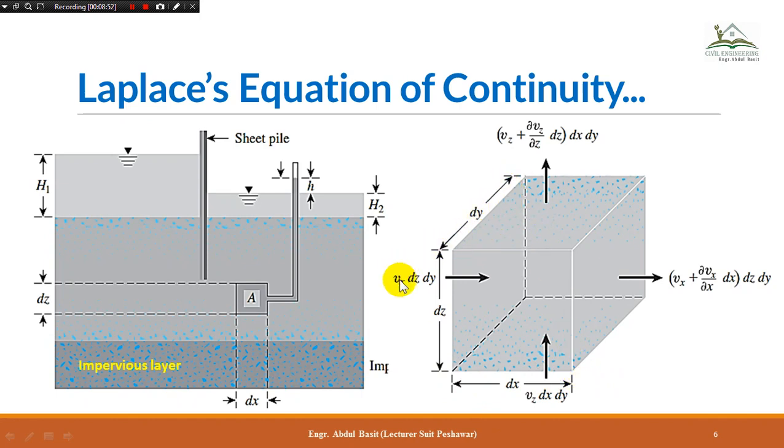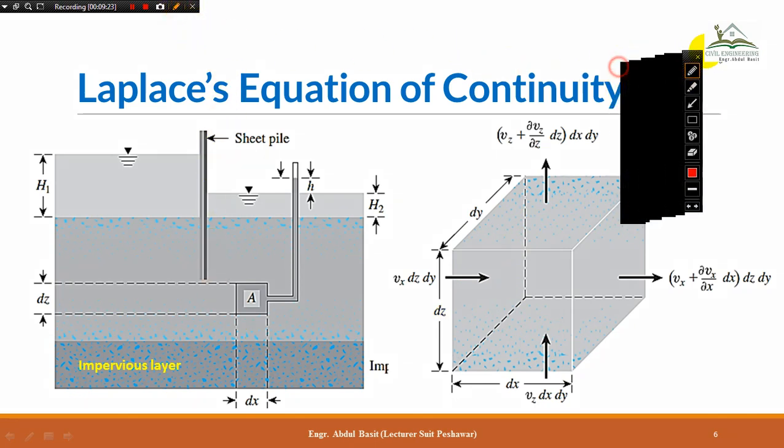Now whenever the water is passing through it, it will have a certain discharge velocity Vx, as this velocity is in the x direction, the horizontal flow velocity. The area that is perpendicular to this Vx can be seen here. Let me draw it first.